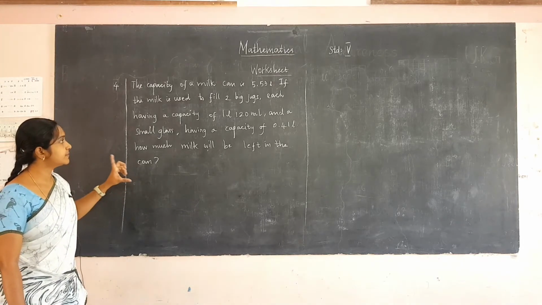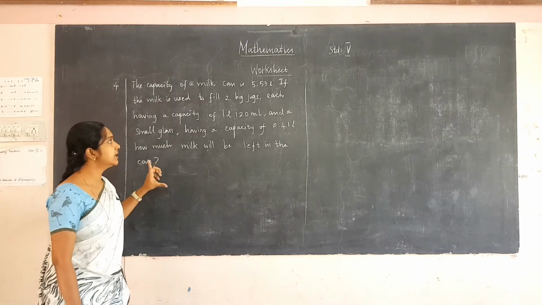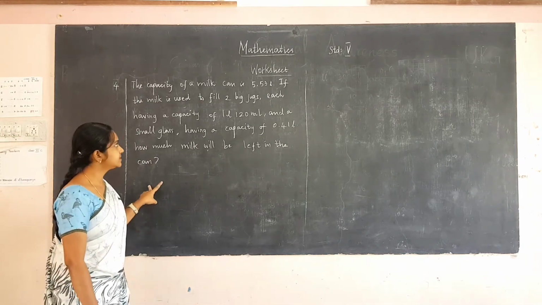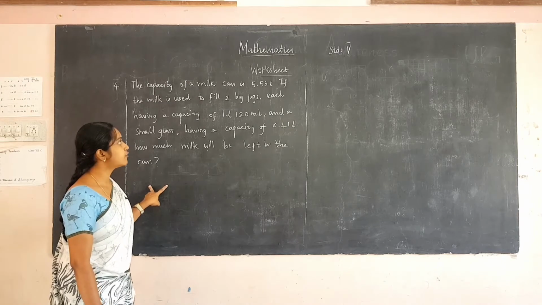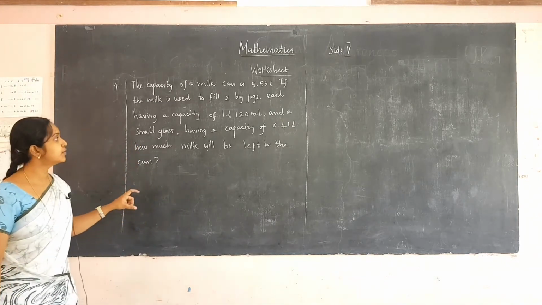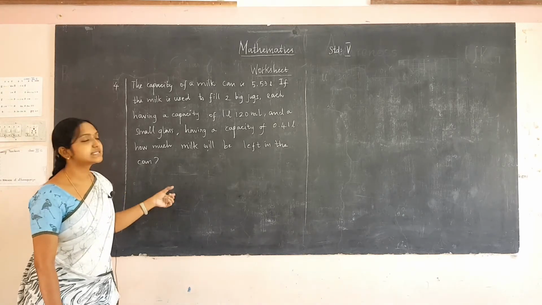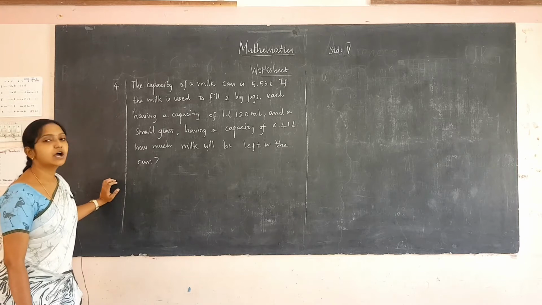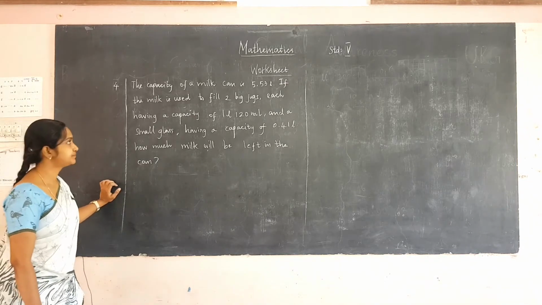The capacity of a milk can is 5.53 liter, and that milk is poured in two big jugs having capacity of 1 liter, 120 milliliter, and the milk is poured in a small glass also. Its capacity is 0.41 liter. We have to find how much milk will be left.